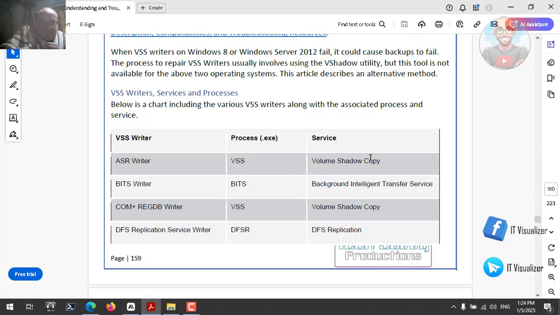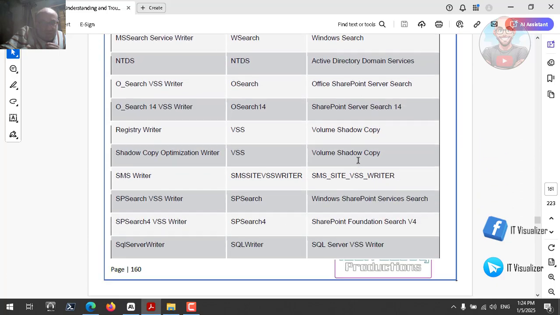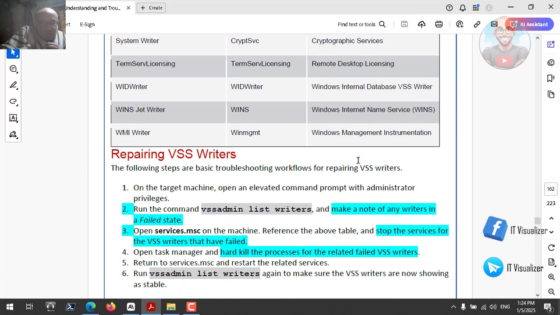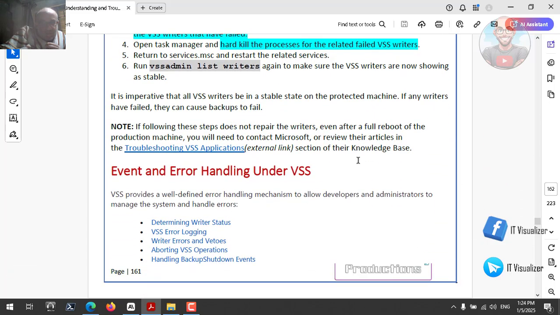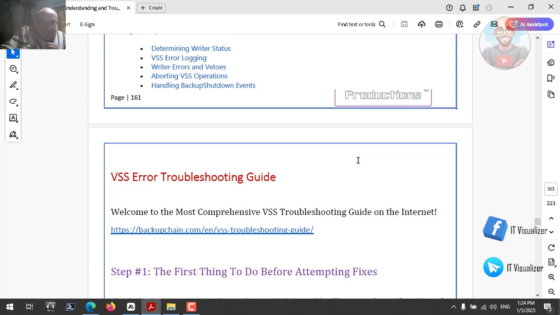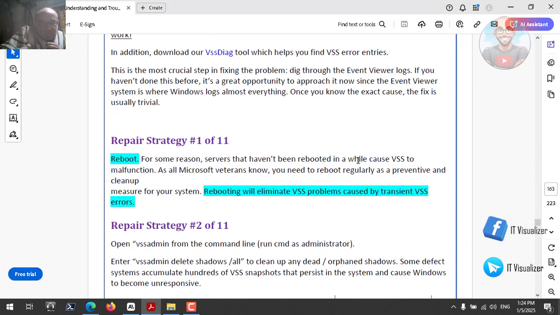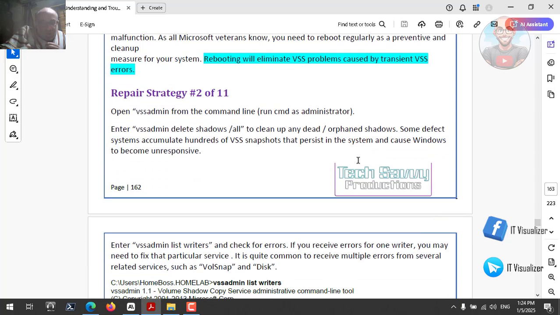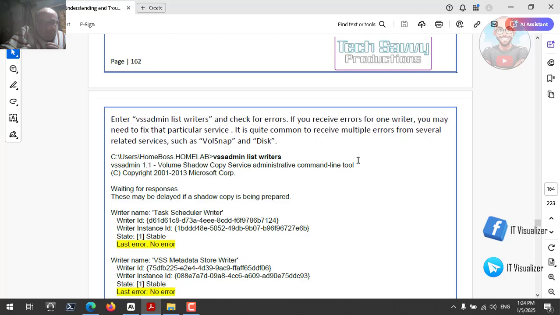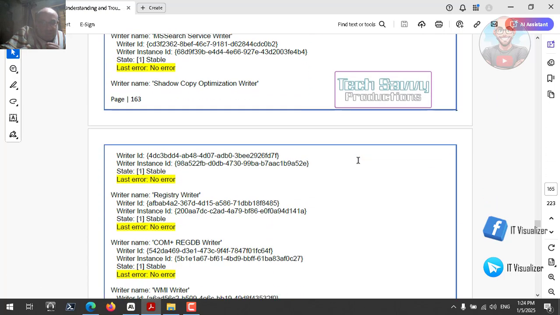These are the different writers and their corresponding services, like the one Veeam has provided us with. Repairing writers. Okay, event and error handling, troubleshooting. So as we can see here, this is the strategy to solve errors, but again, he is not stating what error is related to what event.